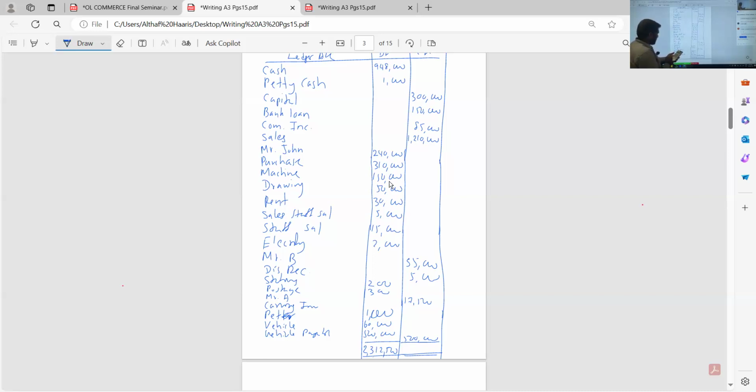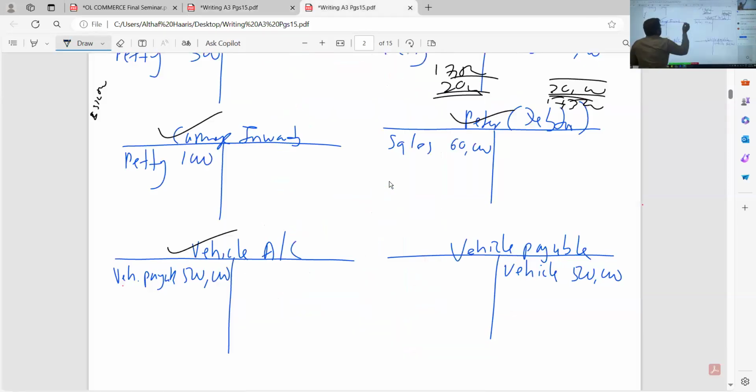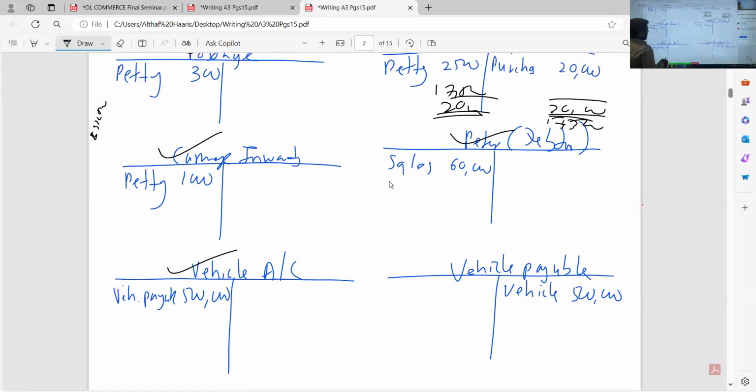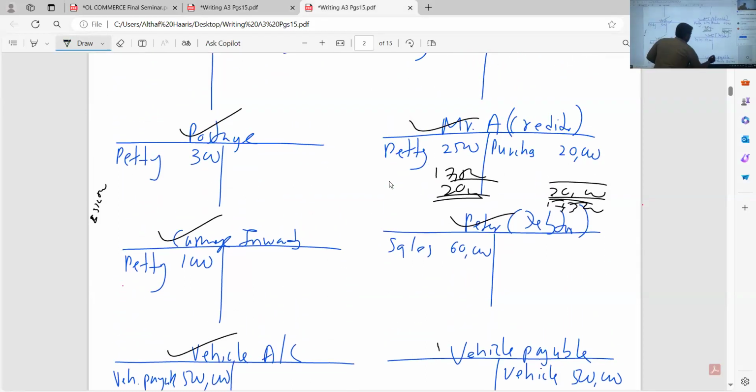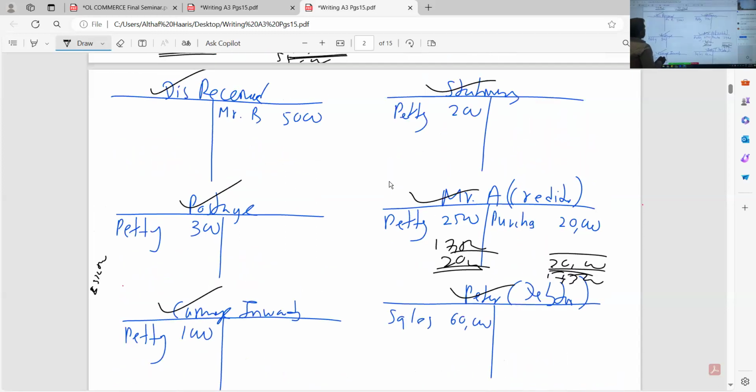948 plus 1 plus 240 plus 310. So we have missed the discount given. Discount given is not ticked, I think. Let's see.